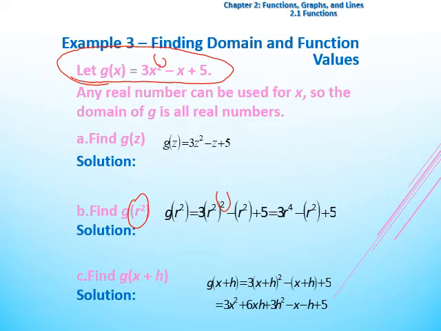We can substitute any values, symbols or numbers into the function. Another example is g of x plus h: substitute x plus h for each x, and we have this value.